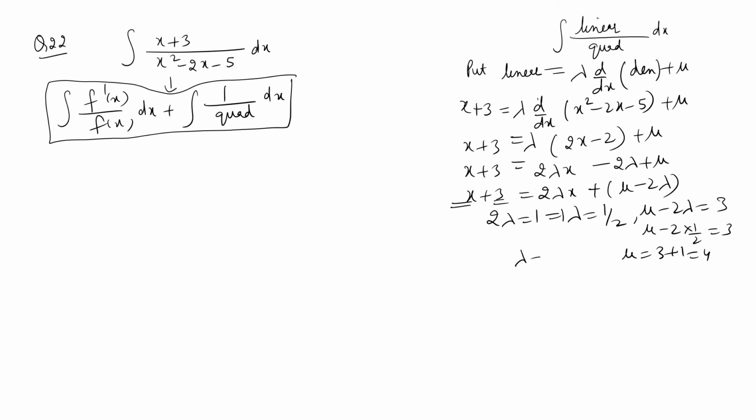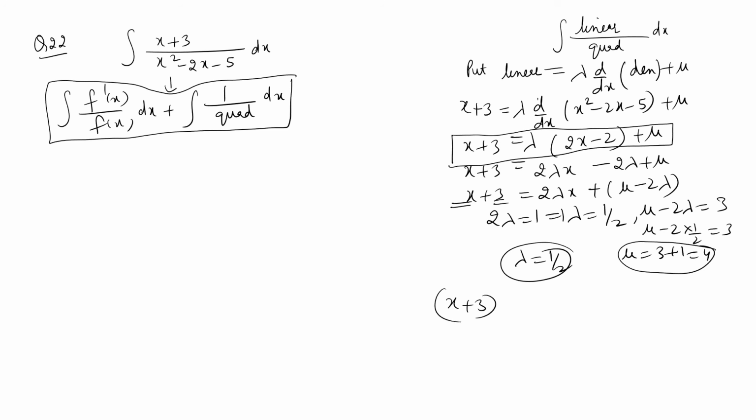Now my work is to check whether the splitting I made is correct or not. The correctness will be checked from this step. I think once, before starting the question, we must check here that x plus 3 is lambda times 2x minus 2 plus mu.